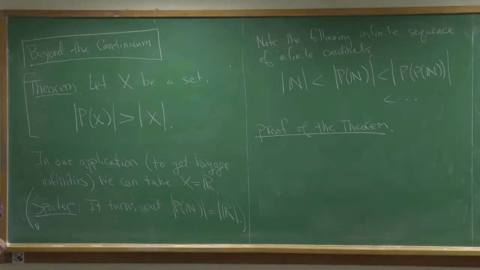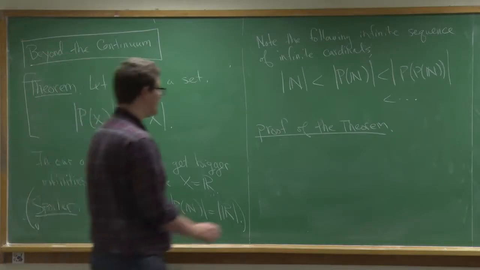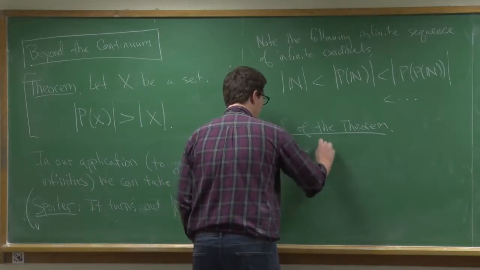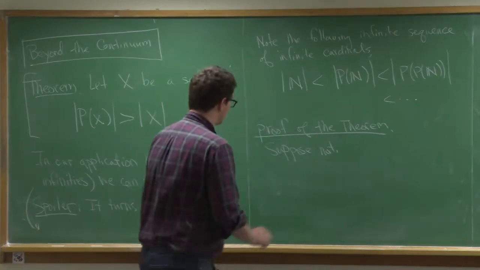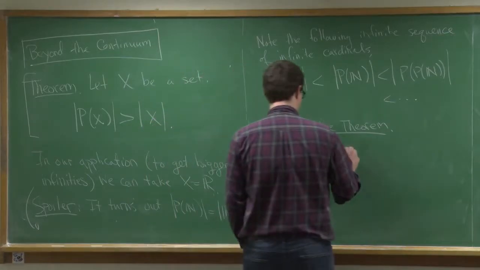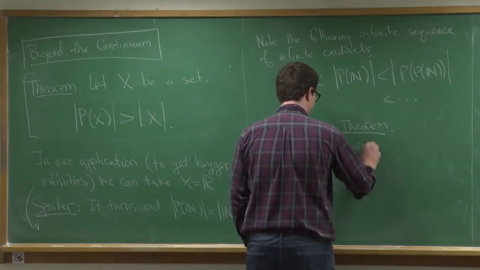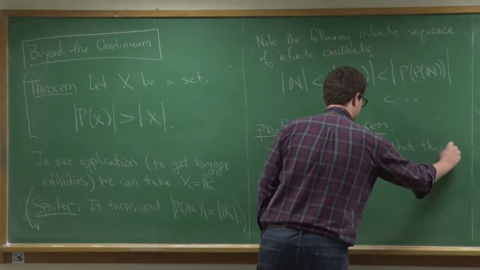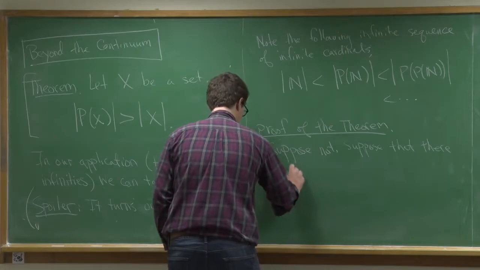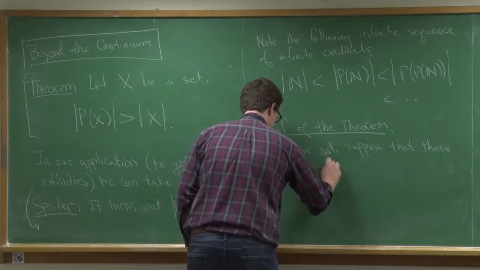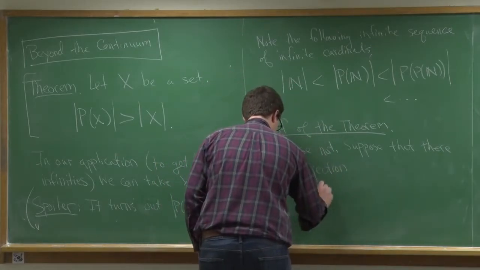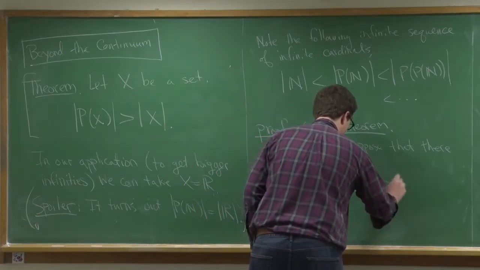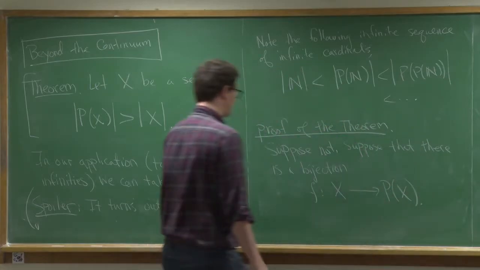Suppose not, right? Let's do that. Suppose not, and then I'll show that it's nonsense. So this means that we suppose that there is a bijection f from X into the power set of X. Okay?